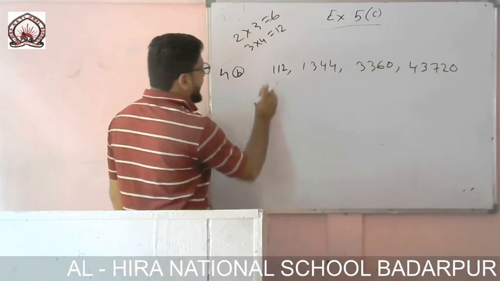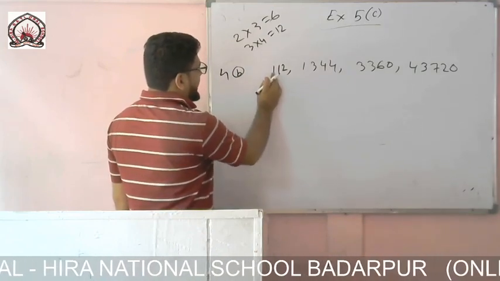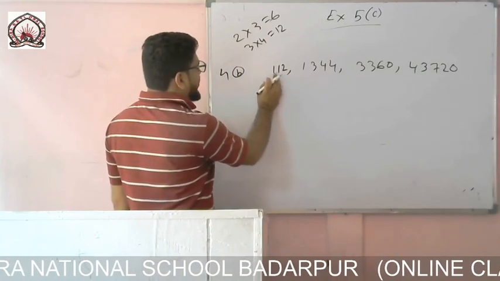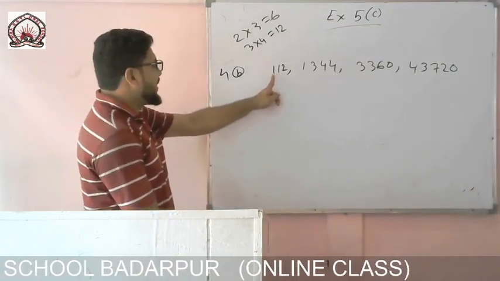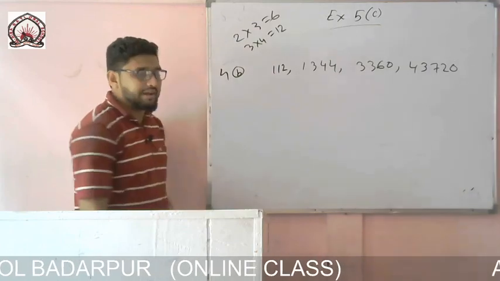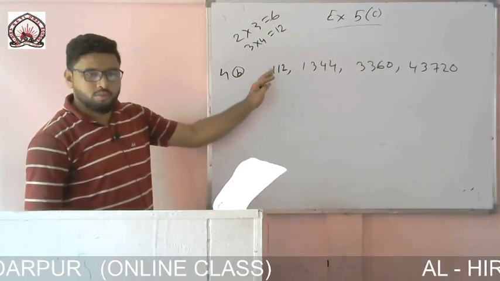So here you see 1 1 2. If you check, 1 plus 1 is 2, 2 plus 2 is 4. It is not divisible by 3. So we leave this one.